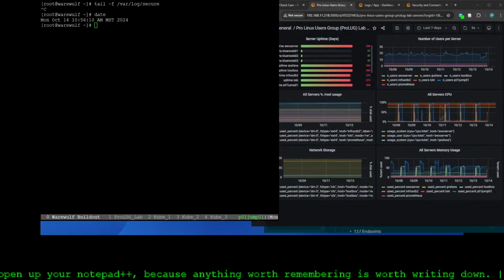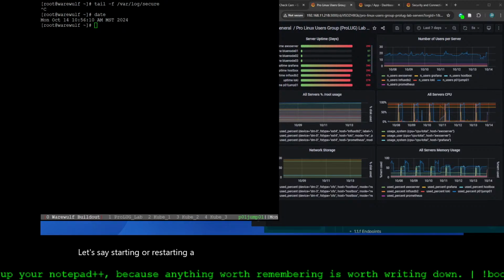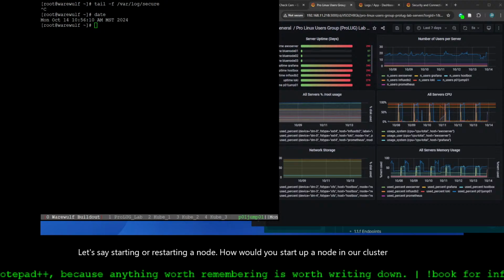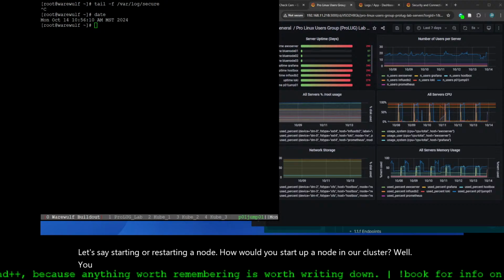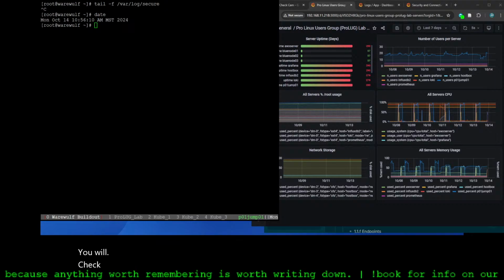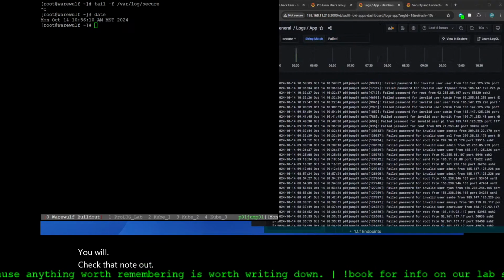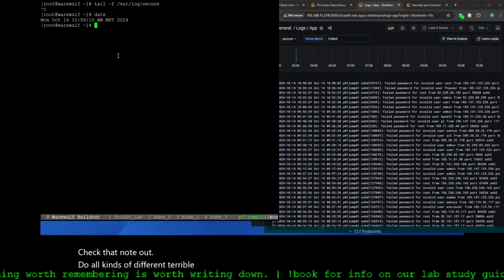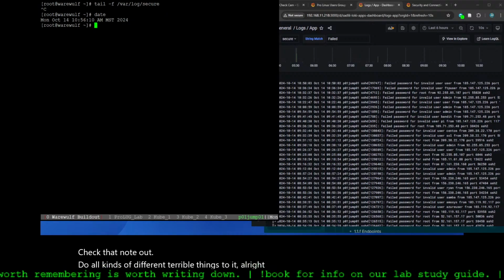Let's say starting or restarting a node. How would you start up a node in our cluster? Well, you will check that node out. Do all kinds of different terrible things to it. All right, so not in that environment.